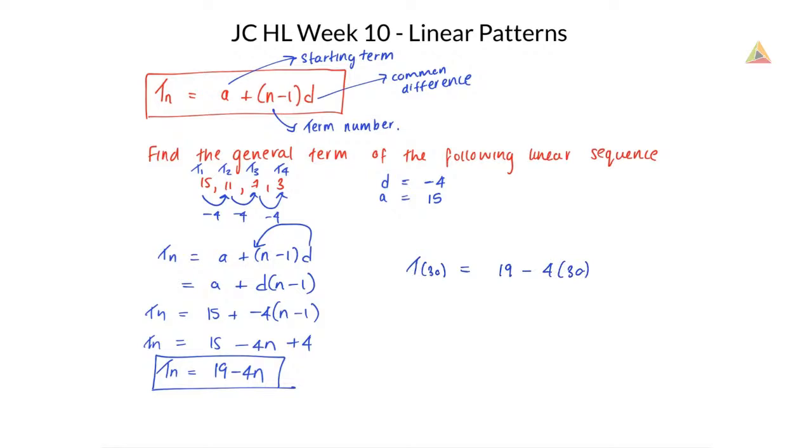Whatever term you want is n. So you put it into the formula and you'd be able to get what your 30th term would be. 4 by 30 is 120, so when you put 19 minus 120 into the calculator, you'll get minus 101. So the 30th term is minus 101.